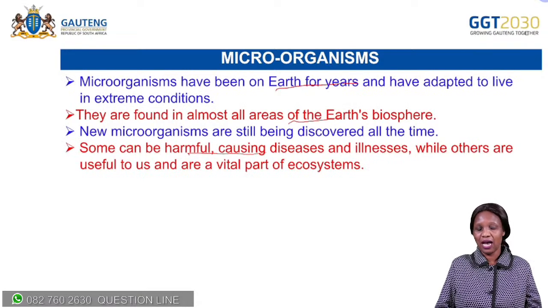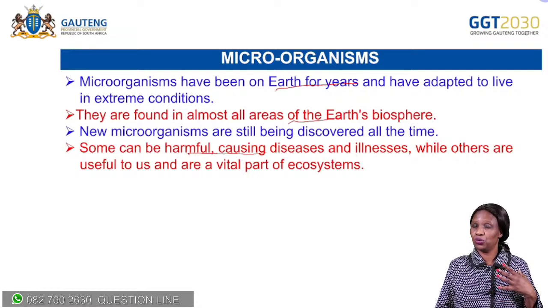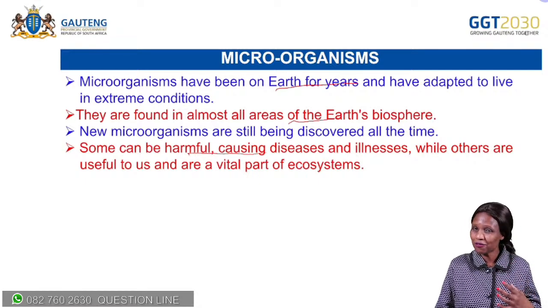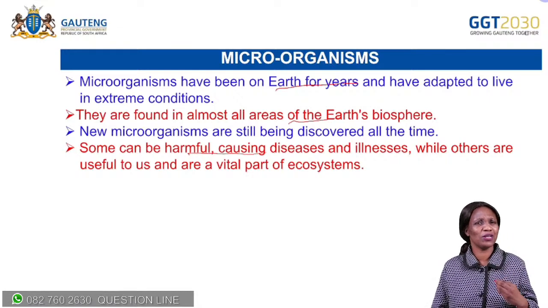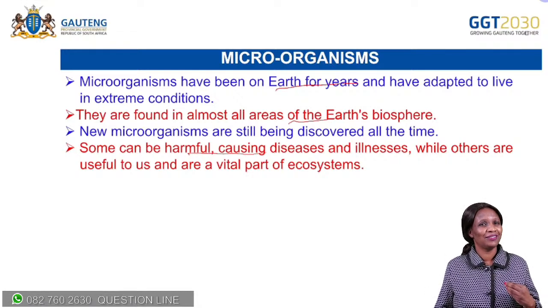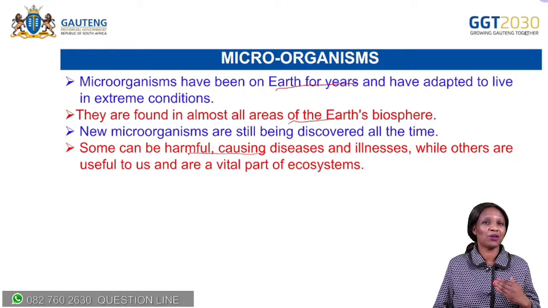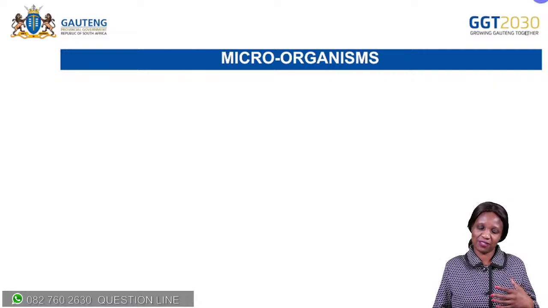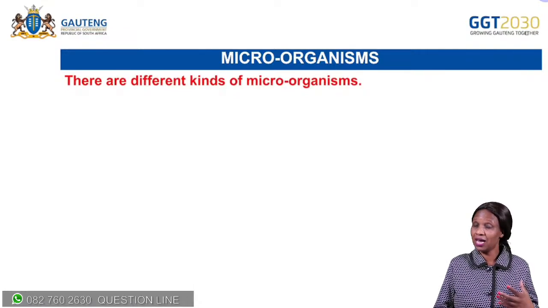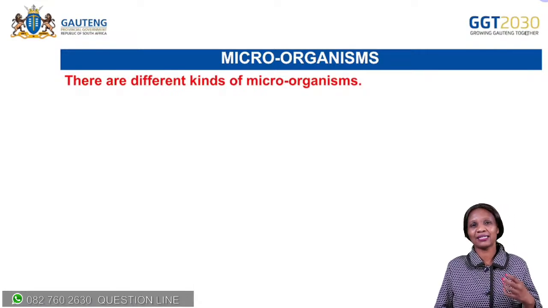Microorganisms are very useful to us, and some of them are very harmful. If I'm saying they are very useful, what do I mean? It is because we use these microorganisms to make different foodstuffs. All right. And then the harmful ones make us sick.